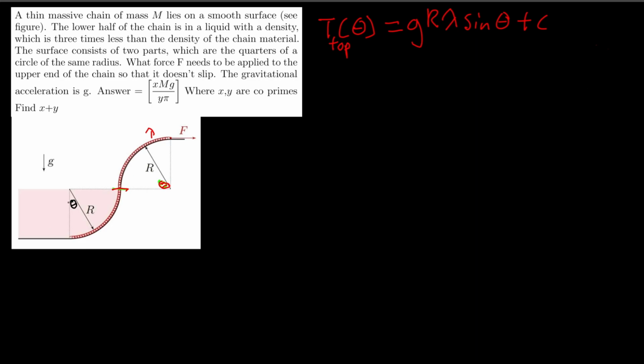Alright, so I'm back, and now we're going to be looking at the bottom half of the chain. We'll do the same thing where I draw a free body diagram for the bottom half of the chain. This chain will feel a force T of theta plus d theta going up, and T of theta going down, and some dmg going down, and some Fb going up.